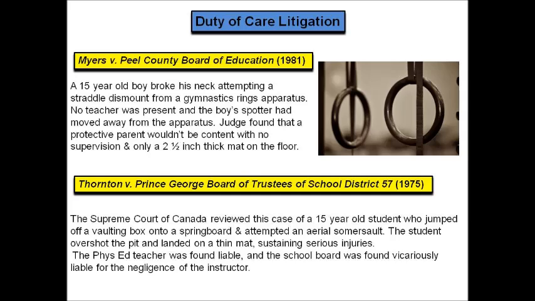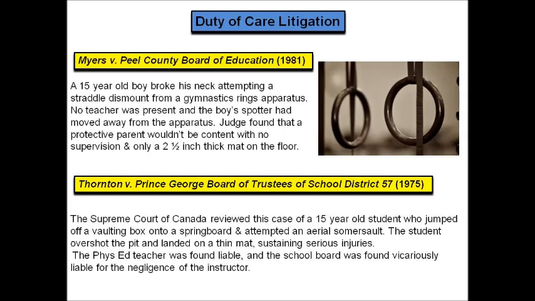Okay, another example is Thornton v. Prince George Board of Trustees of School District 57. This is 1975, this court case. The Supreme Court of Canada reviewed this case of a 15-year-old student who jumped off a vaulting box onto a springboard and attempted an aerial somersault. The student overshot the pit and landed on a thin mat, sustaining serious injuries.